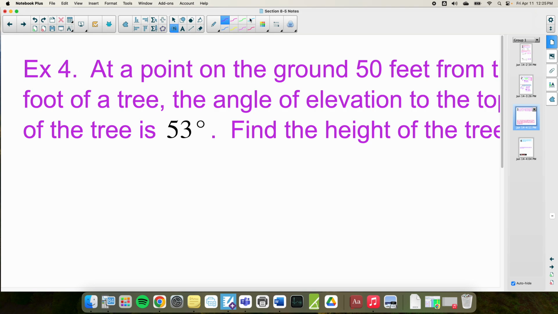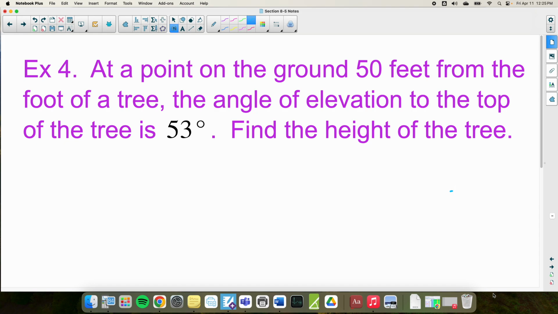Now it says, at a point on the ground, 50 feet from the root of a tree, sorry, that's a typo. 50 feet from the root of a tree, the angle of elevation is 53. So this right here is 53, okay?